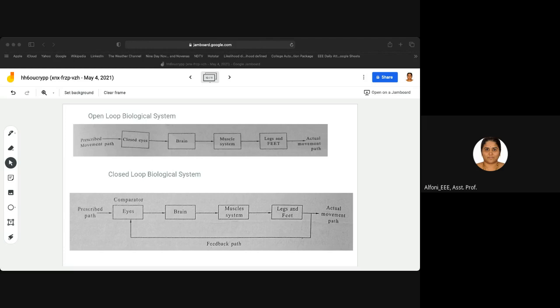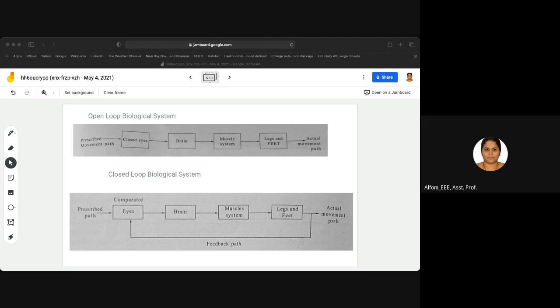Thus, at every instant the system output is compared with the input through the eyes, because now the eyes are open. Now the eyes act like a feedback path. In the previous case, when the eyes were closed, we could not know the path. Now, since the eyes are open, we can know whether the path the man is moving on is the prescribed path or not.